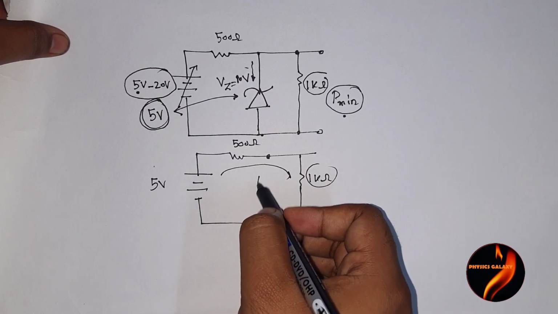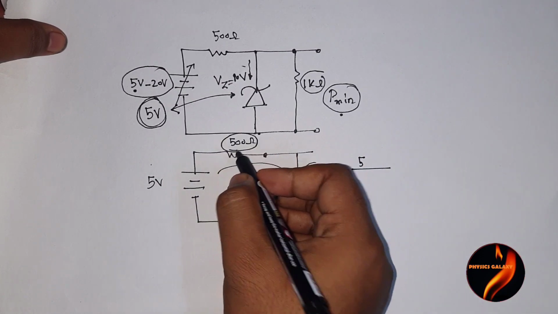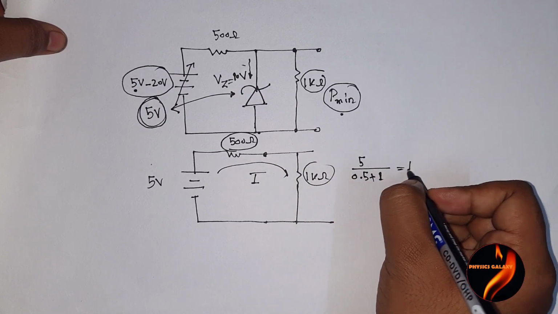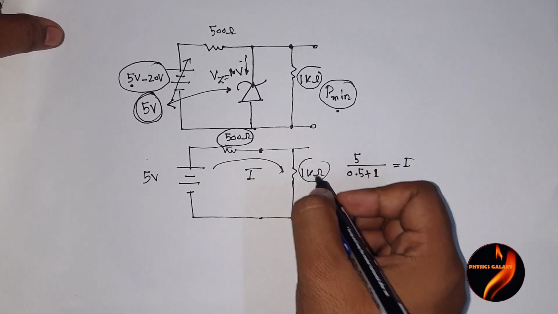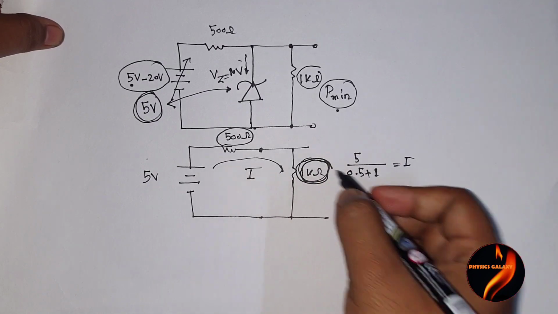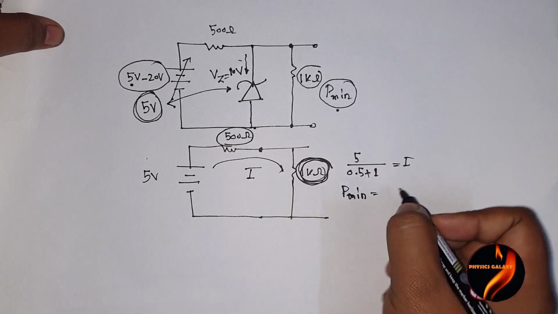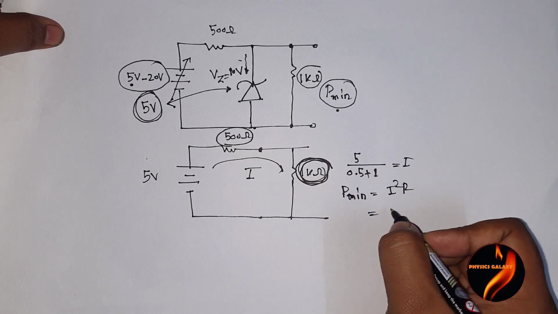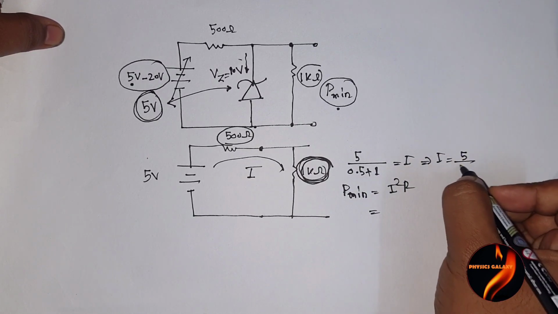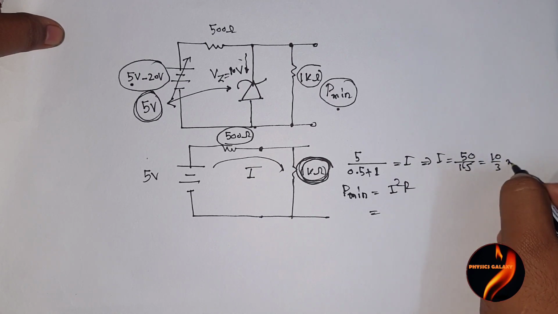The current in this circuit is nothing but 5 divided by, if we convert it in kilo ohm, 1.5, so this is the current passing through this circuit. The power dissipated in this 1 kilo ohm load resistance is nothing but I square R. So I is 5 divided by 1.5, means 10 divided by 3 milliampere.